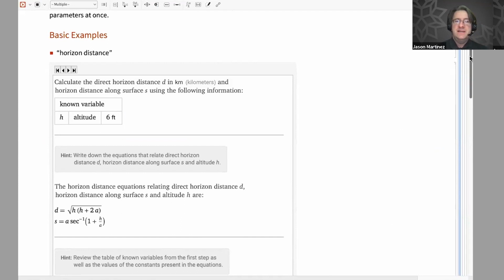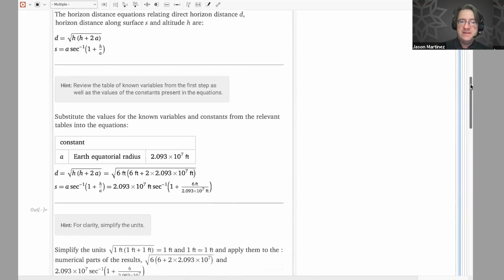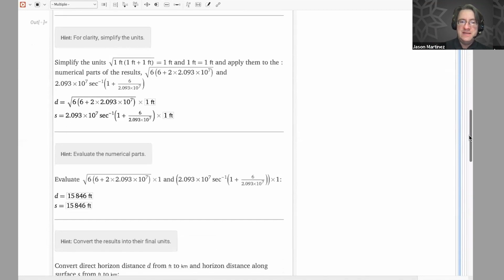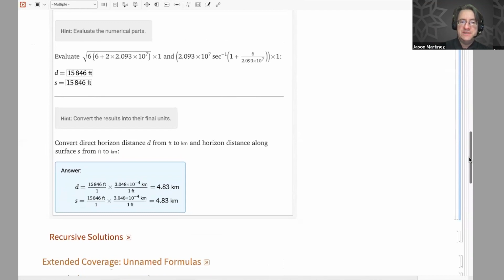For example, the horizon's distance formula, which is a simple geometric formula where you're looking at the distance from a point at a given altitude out to the horizon, as well as the distance along the curve of the Earth. And so we've reworked our step-by-step functionality so we can handle multiple equations, both in terms of formatting them, inserting the values appropriately, and doing the various unit conversions.